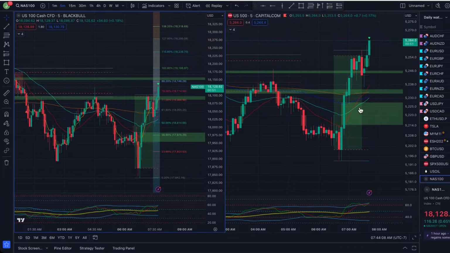Let's see if we get a confirmation. Both of them driving up. Yes on the right, no's on the left.